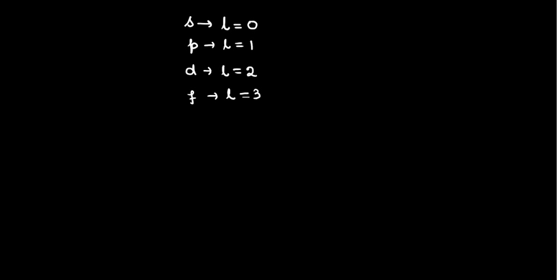Now, we see that for a particular value of n, that means for a particular value of principal quantum number, what are the possible values of L? That means what are the possible shapes of subshells.